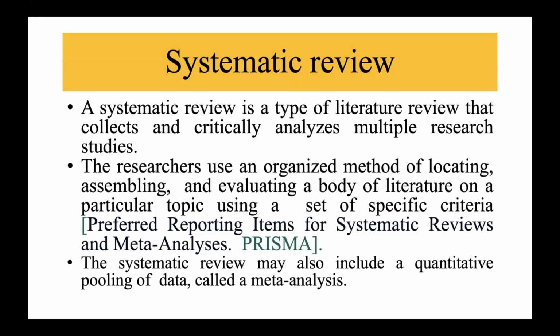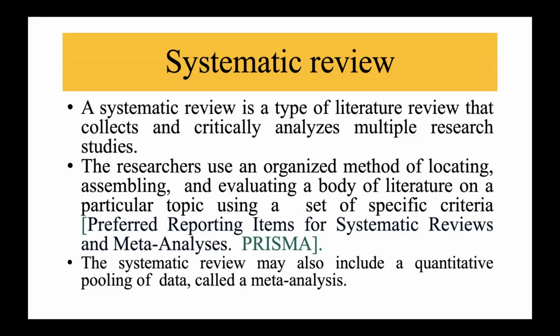A systematic review is a type of literature review. There are so many reviews. Systematic review and literature review are two different things. A literature review is only to give an idea about your study, while a systematic review gives you the quantification, the quantitative analysis of different studies.